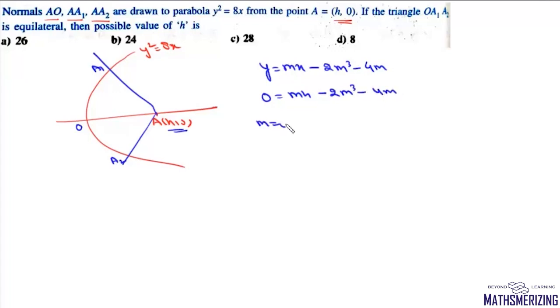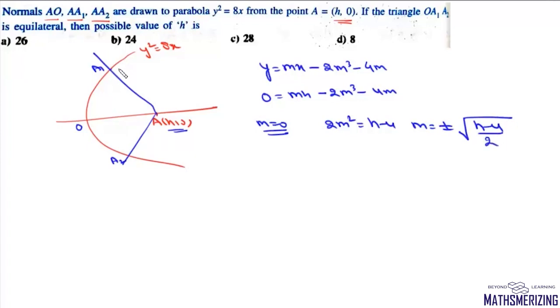So we'll get one of the values of m as 0, which is this line OA, and then we'll have this other condition which is 2m square equals h minus 4. So in this case we'll get the value of m as plus or minus under root of h minus 4 by 2.